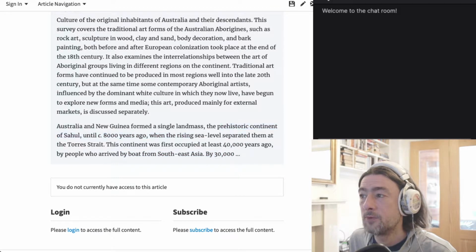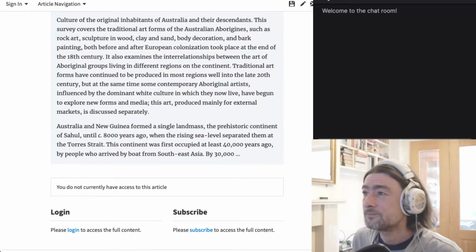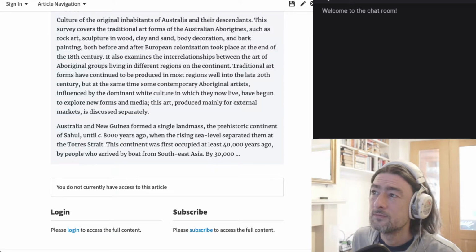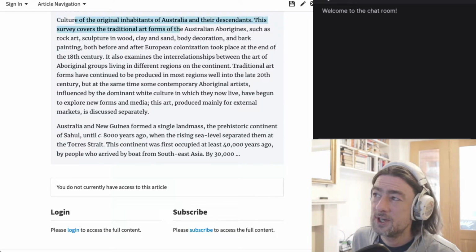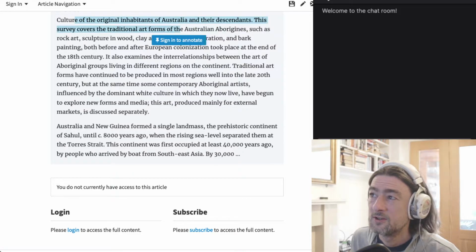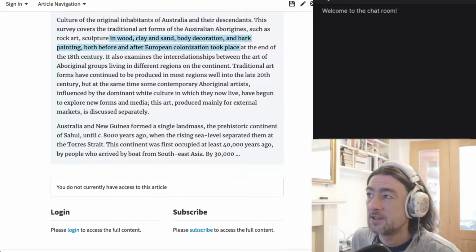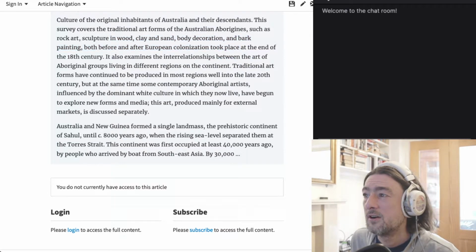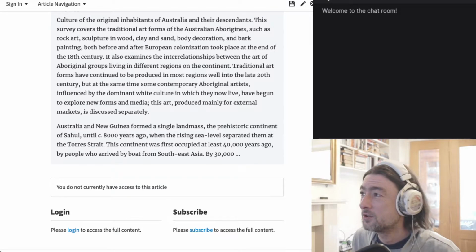Southeast Asia, boats, 40,000 years ago. Culture of the original inhabitants of Australia, such as rock art, sculpture in wood, clay, sand, body decoration, bark painting. So this is all going on a long time ago.